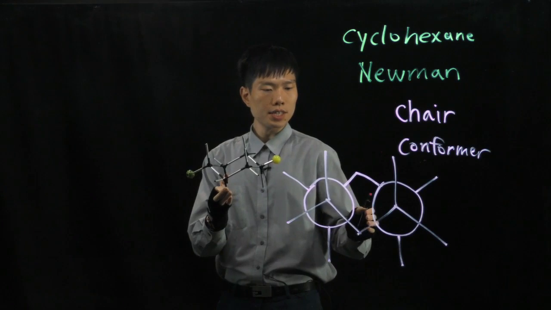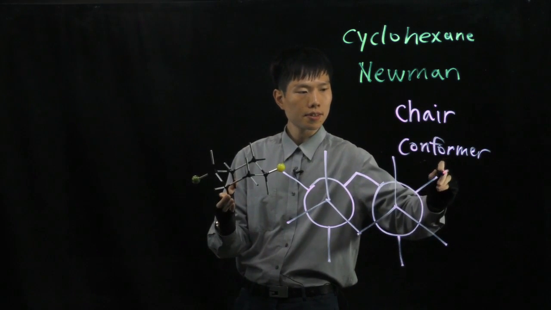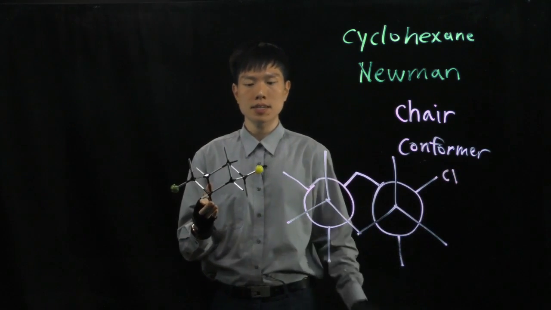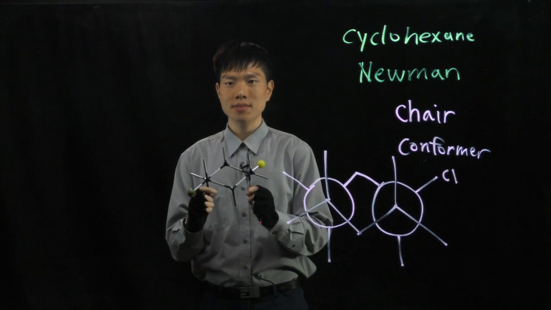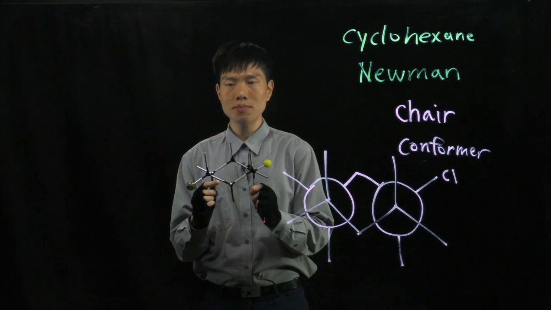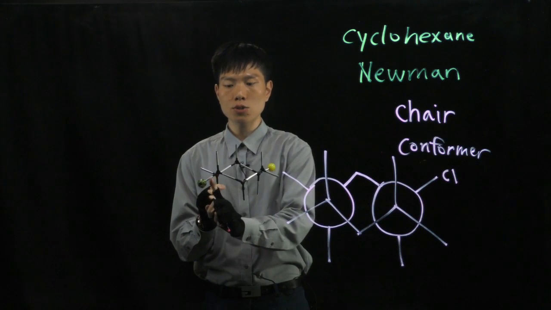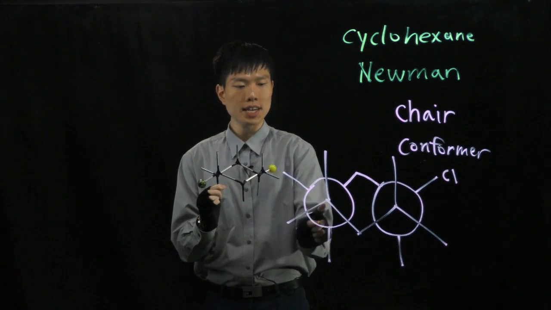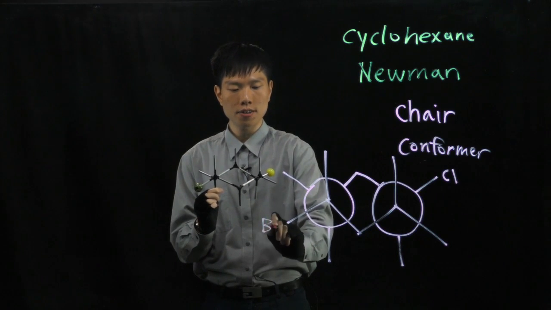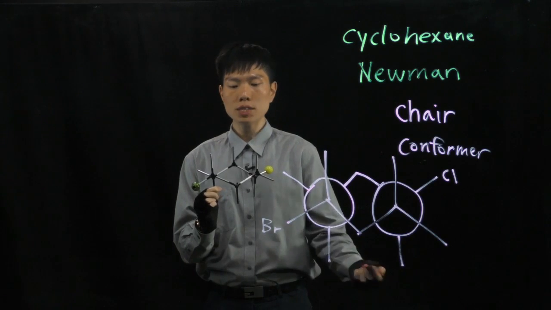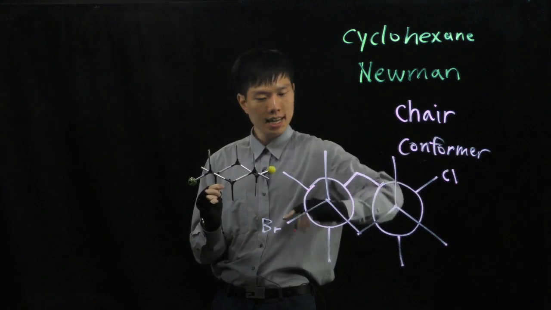So if this is chlorine, which is what you see here at the back carbon, then where should the bromine be placed? It's over here: bromine is attached to the front carbon on the other side. So front carbon, and we know it points down. So this is Br. And how do we know that it is still trans in the picture? Because it's up and down.